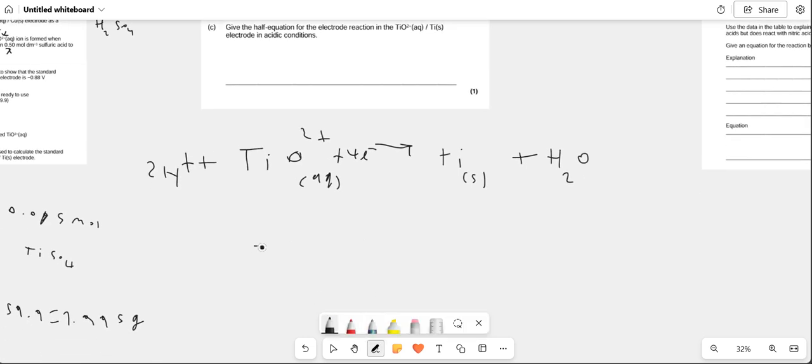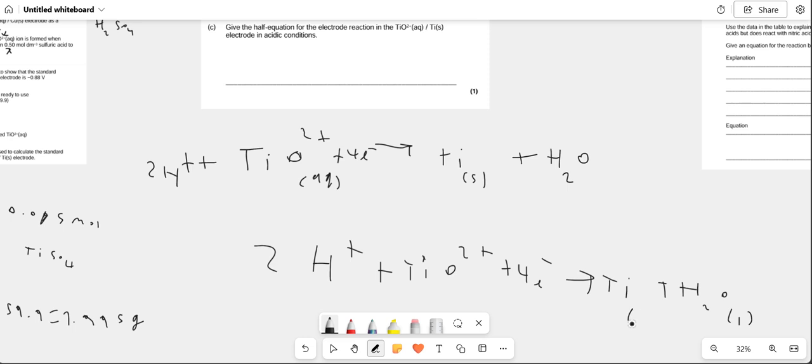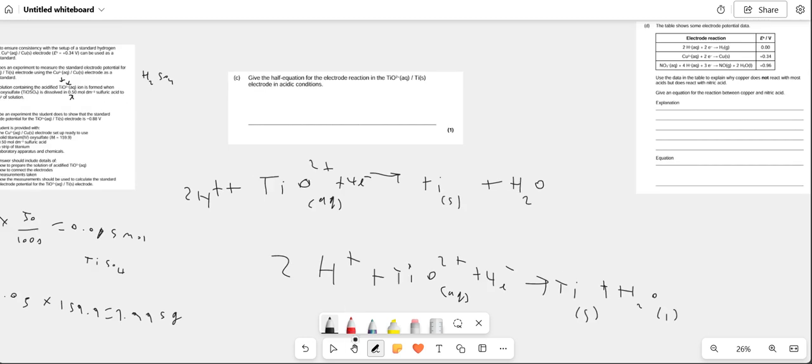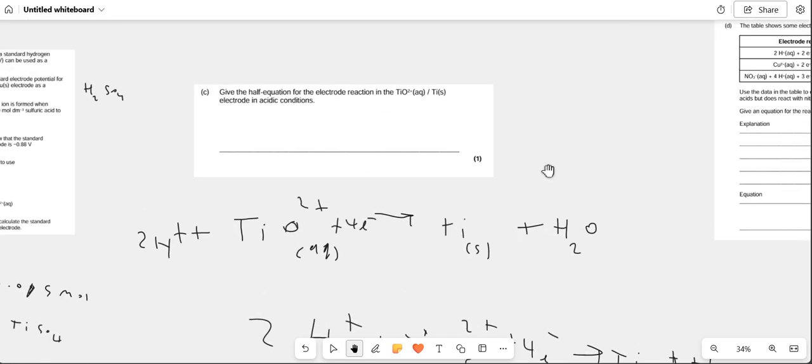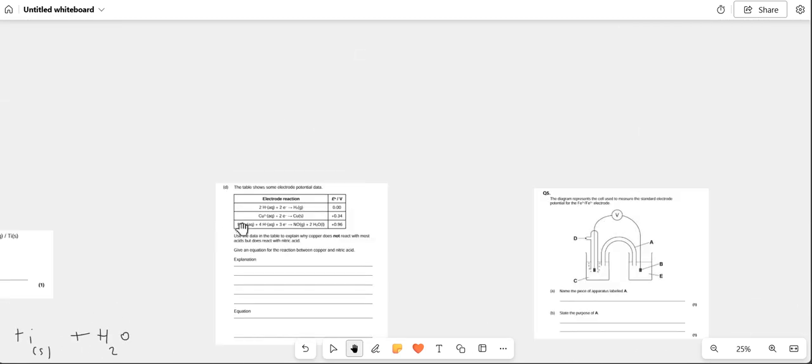So the final equation is 2H+ plus TiO2 2+ plus 4e- gives you Ti plus H2O here. And then obviously add the state symbols. So l, s, aq. H+ is just aq. Alright, you get that, yeah? So that's C.